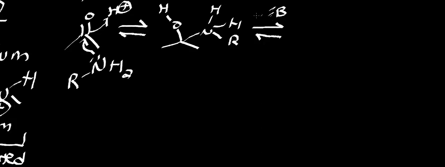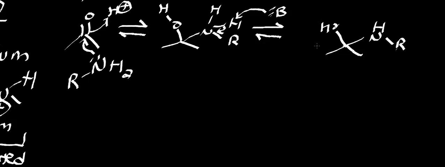So the very first step after the nucleophilic attack is the base comes in and deprotonates here. What that does is it forces these electrons back up onto the nitrogen. So what do we generate? Well, we generate oxygen with its hydrogen, and we generate N with H and R. So this is another intermediate state.